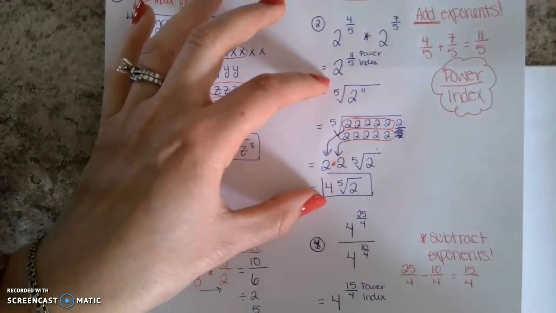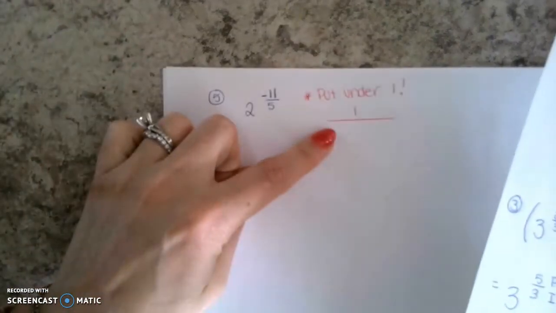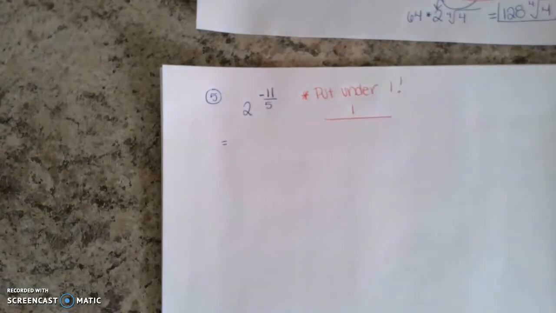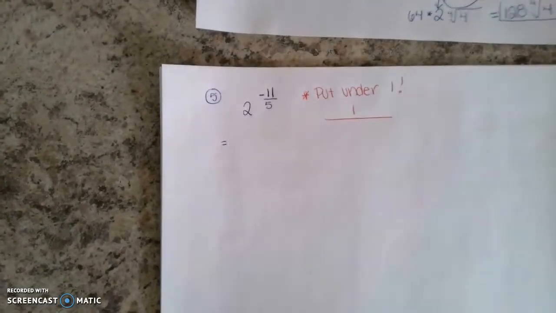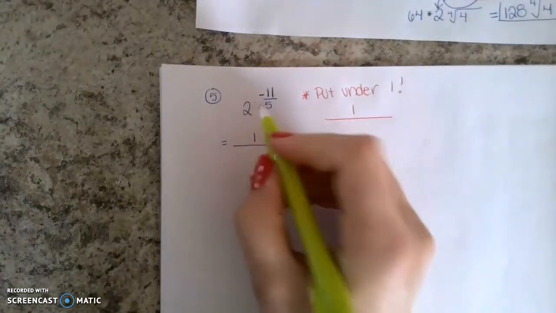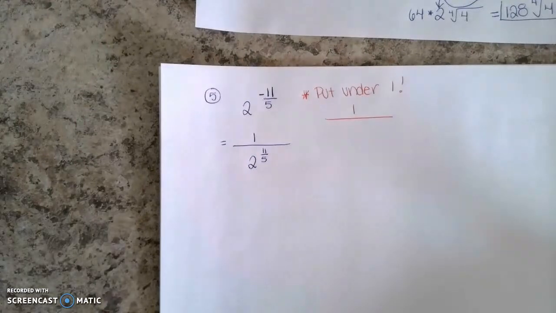So everything we did from here, we are actually going to do from here, but we're just going to put it under 1. And so hopefully you're going to see the connection that when we have a negative exponent, we do all the exact same things as we've done before, we just put it under 1. So I'm going to go ahead and make this positive, and we're going to go 1 over 2 to the positive 11/5 now.